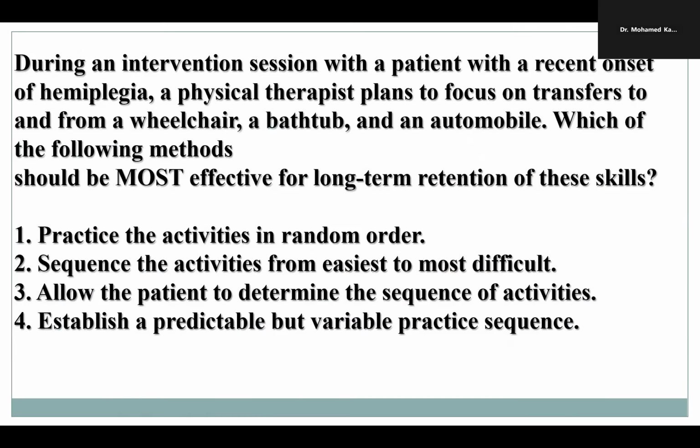So I give the patient the freedom to decide which activities need to be done. Although this is a recent hemiplegia, it might be that the patient does not have full judgment or decision making regarding these functions. Or establish a predictable but variable practice sequence. So, what is the best strategy in motor learning in order to improve motor learning and retention of skill?